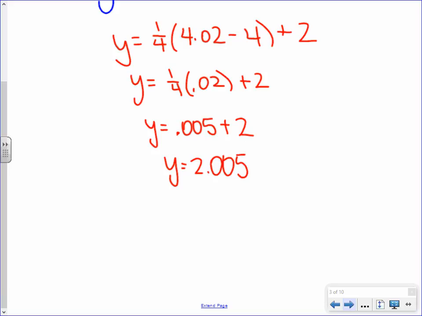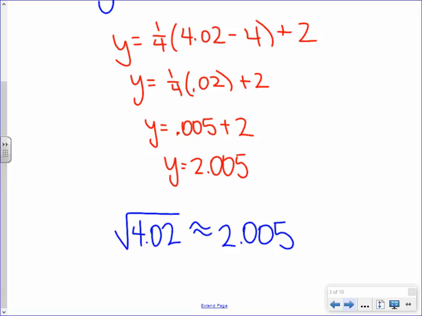So what this means is the square root of 4.02 is approximately 2.005. All of that without a calculator. Questions?